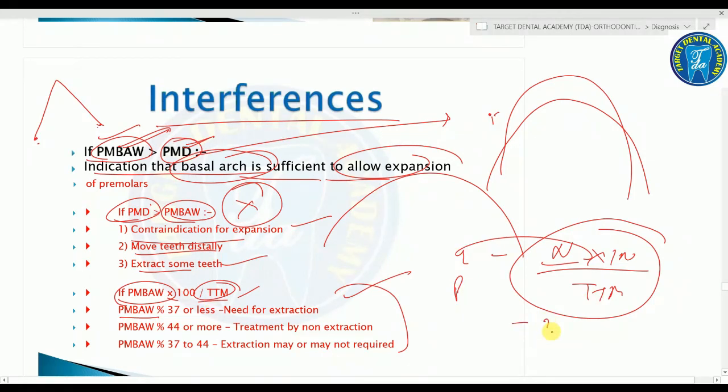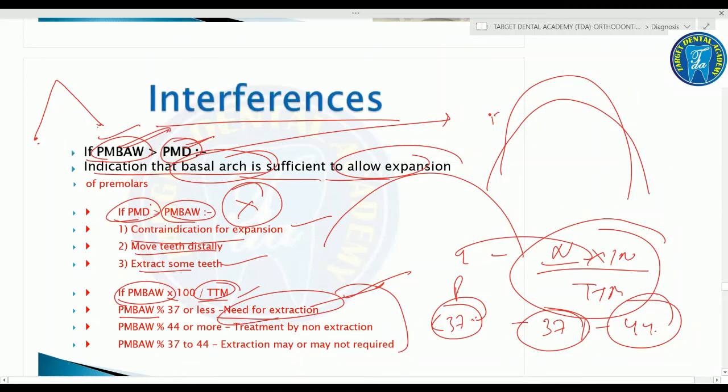Usually the ratio lies between 37% to 44%. If the ratio is 37% or less, you will go for extraction. If it is 44% or more, you will treat that case by non-extraction, by not extracting any tooth.